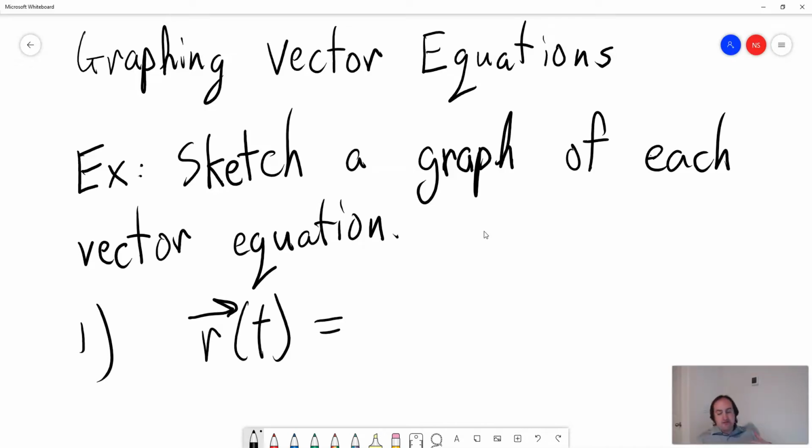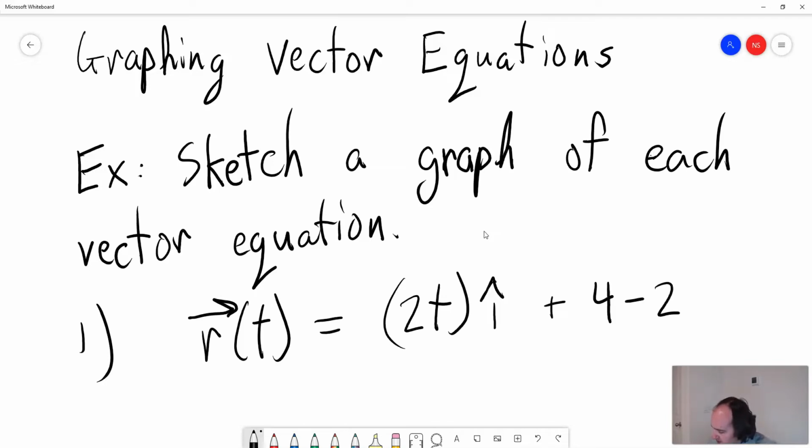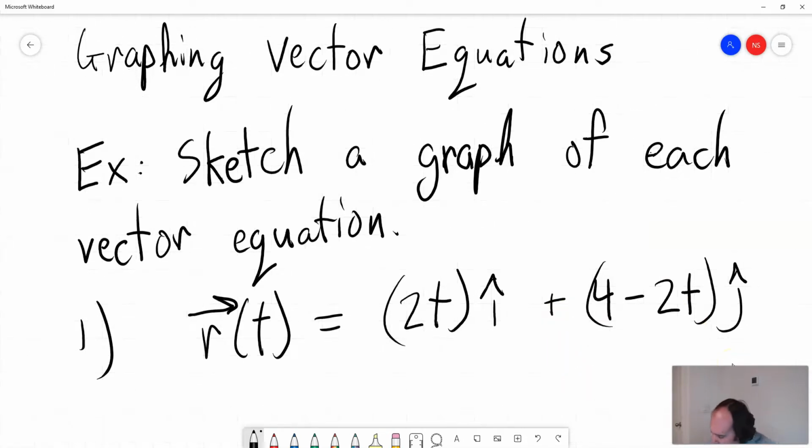It's a vector that's a function of t, and this equals 2t i plus (4 minus 2t) j. They say that the parameter t goes from 0 to 2, so t is greater than or equal to 0 and less than or equal to 2.